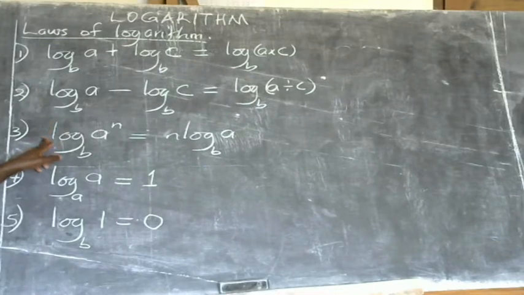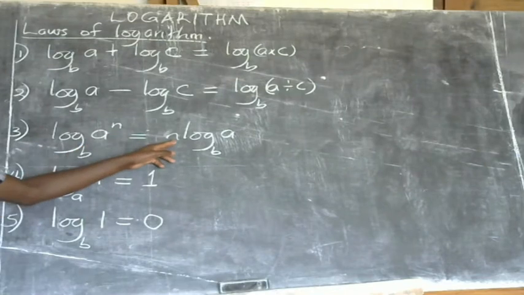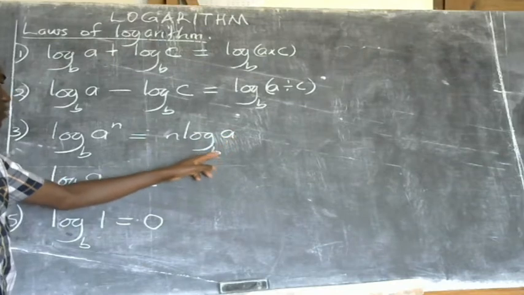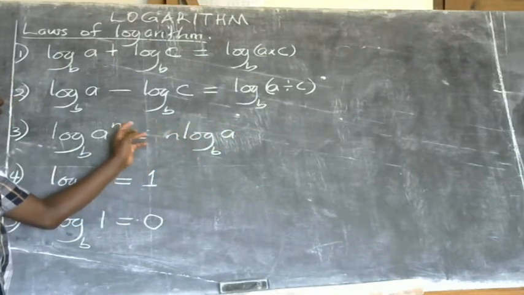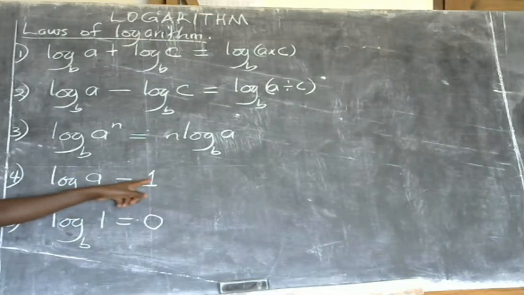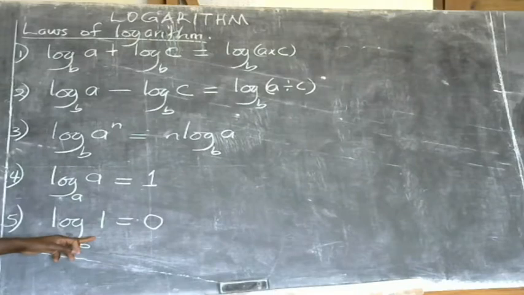Then the third one, log of A power n base B, is going to be n log of A base B, the power somersaults and comes there. Then log of A base A is equal to 1. Lastly, log of 1 base B is equal to 0.